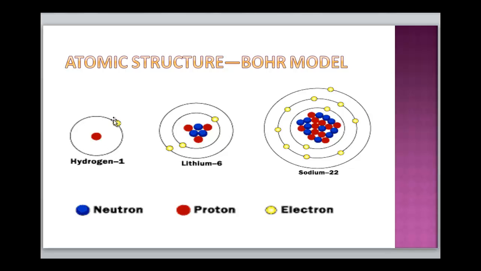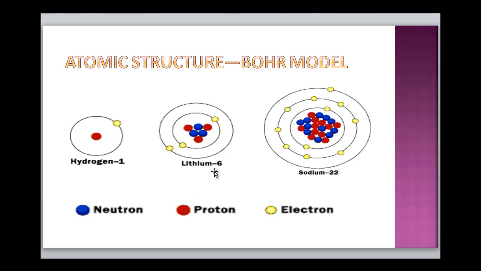Okay, so you can see hydrogen here with one electron, just has one little ring. When you move over to lithium, you can see that you have an inner ring and then you have an outer ring. So we're looking at 3 electrons.